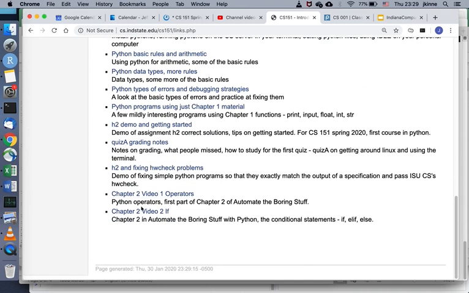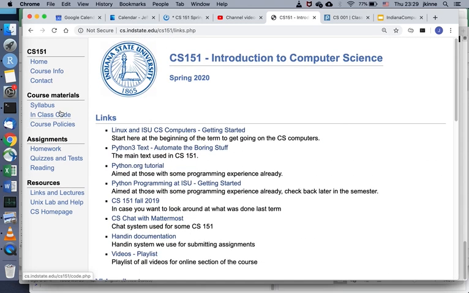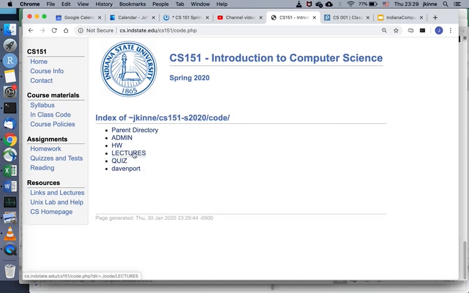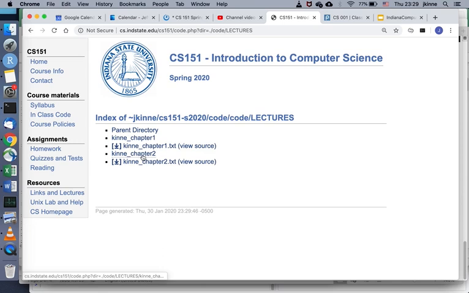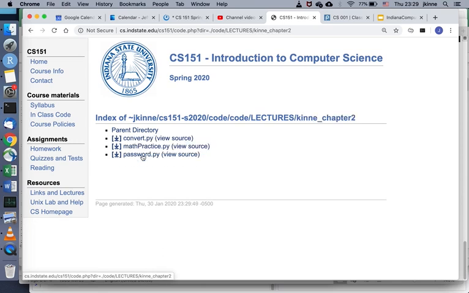That video ends up creating some Python programs that are in this directory. So you'll be looking at these files again after you watch that video.